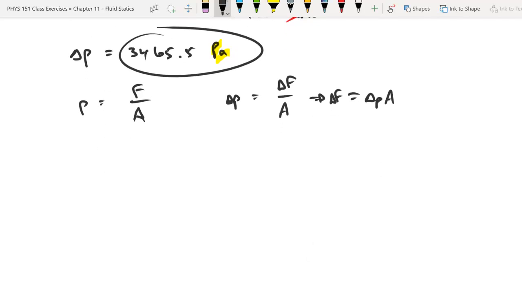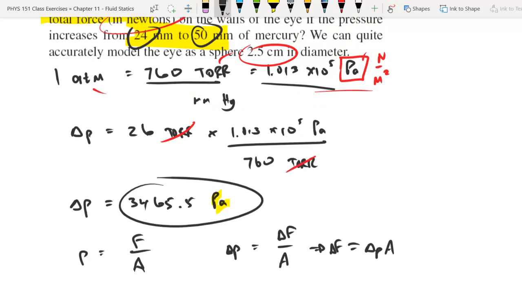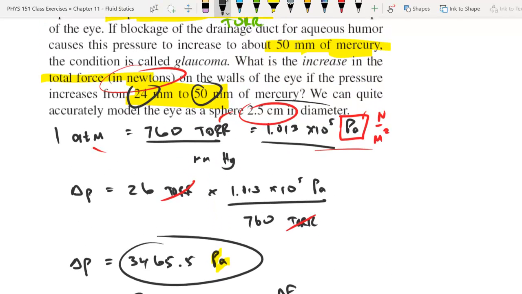The surface area of a sphere, and I would give this to you if you need it in a quiz or exam, is 4 pi r squared. So this would be 4 pi, and our radius, since this is a 2.5 centimeter diameter, is 1.25 centimeters.